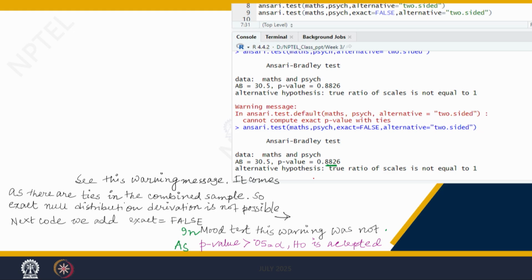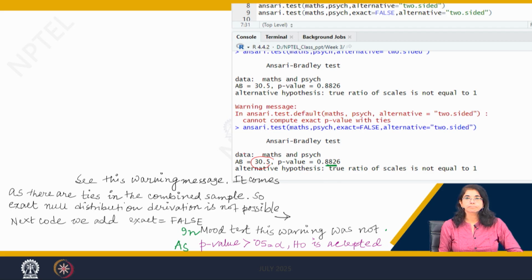So in Ansari-Bradley test, I have already made the screenshot of the R thing. In the first problem, means the maths major and psychology major problem, we have done the Ansari test for the second problem, but the maths major, psychology major, you will have AB, that is the test statistic value 30.5 and p-value is 0.8826.